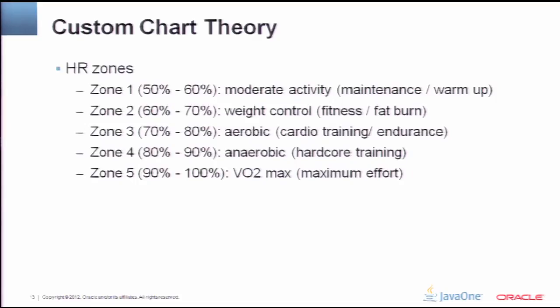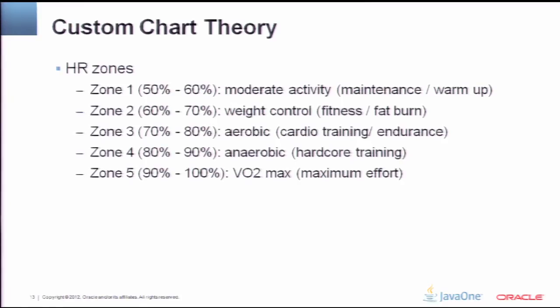This chart shows how much time was spent in training zones. When you train, your heart rate is split into 5 zones, and this slide simply describes what each zone is good for.